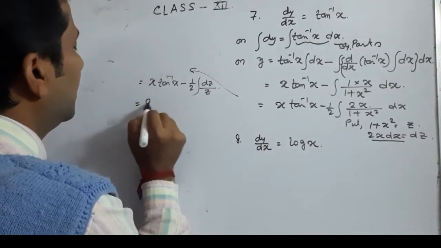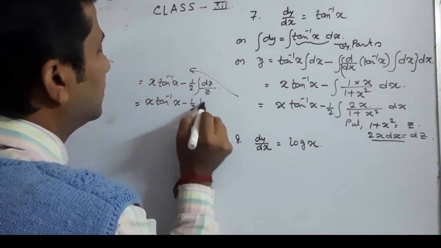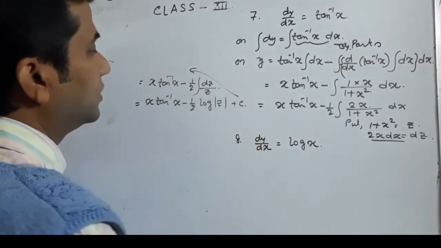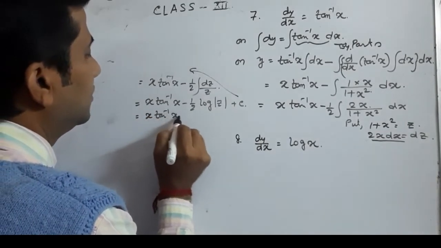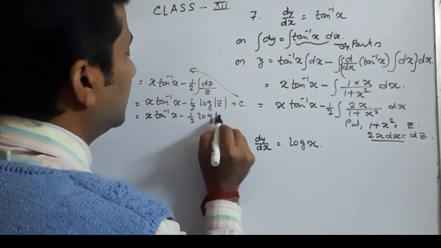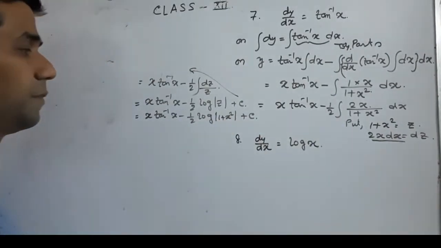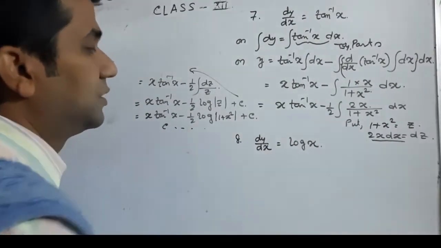This is equal to x tan⁻¹x minus 1/2 log z + c. That means x tan⁻¹x minus 1/2 log(1 + x²) + c. This is the required answer, and c is the arbitrary constant.